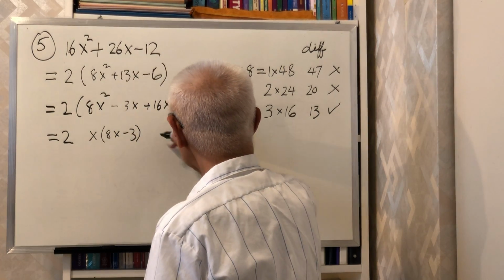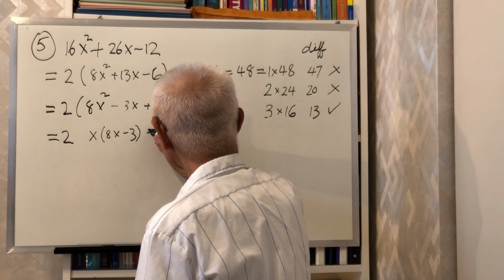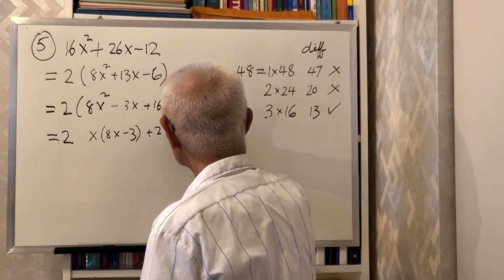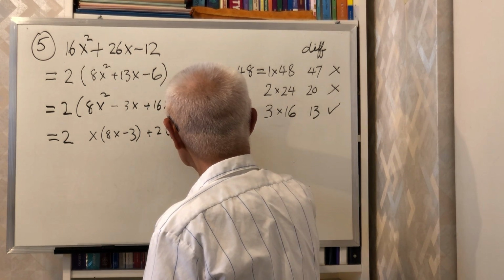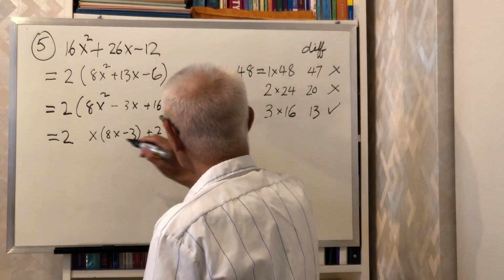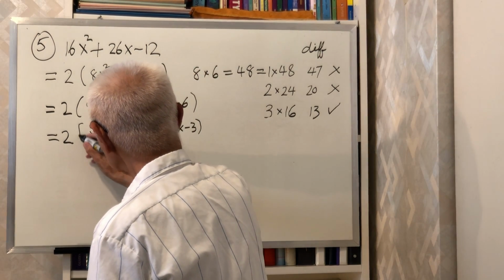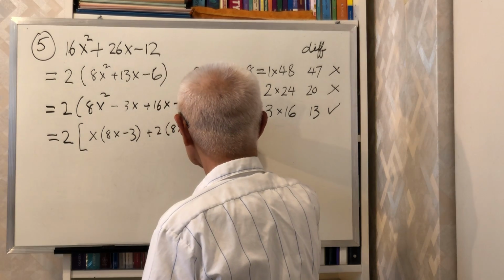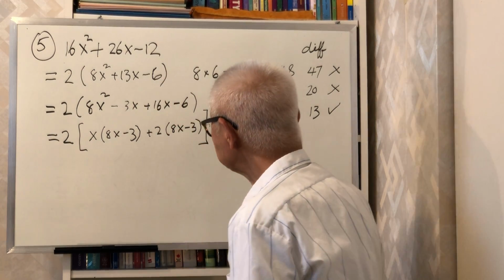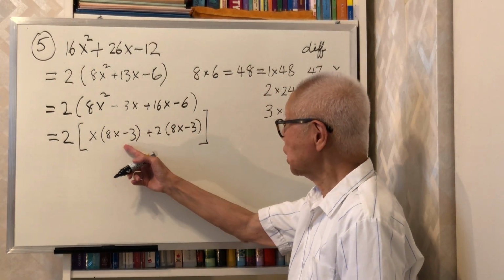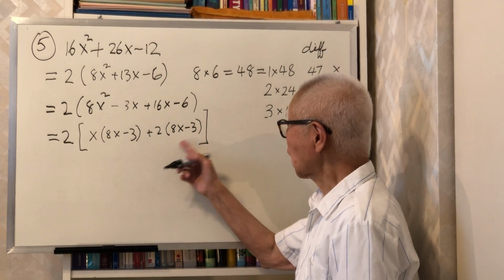Here I can factor out 2. I need a big bracket here. Now you see 8x minus 3 is common here.